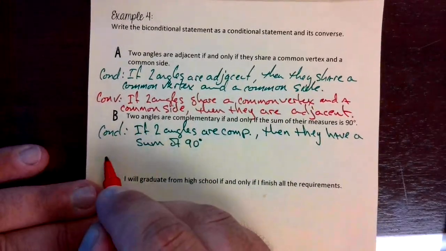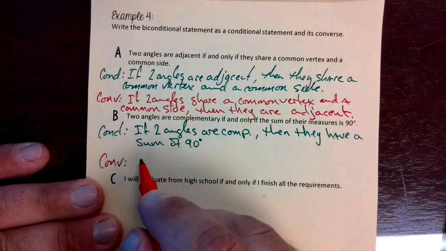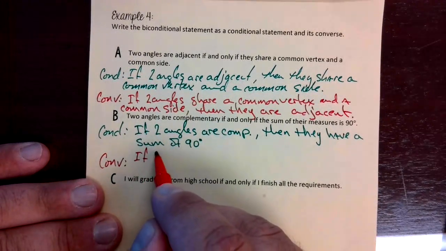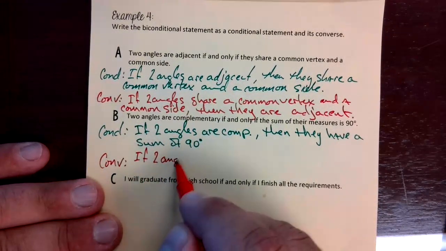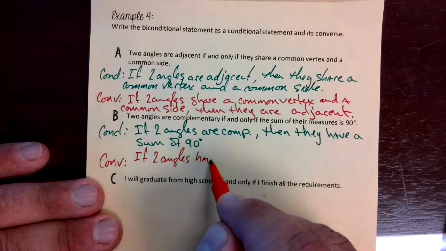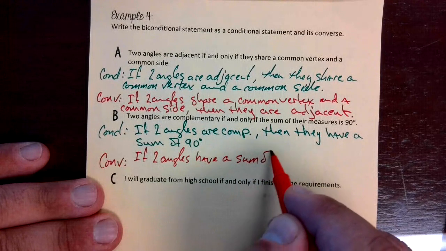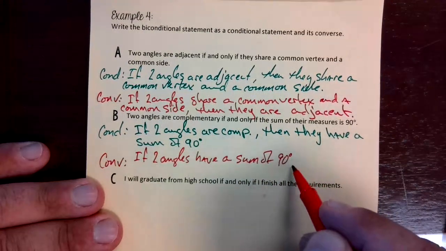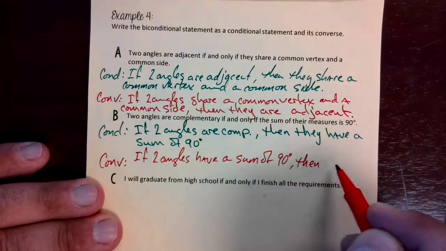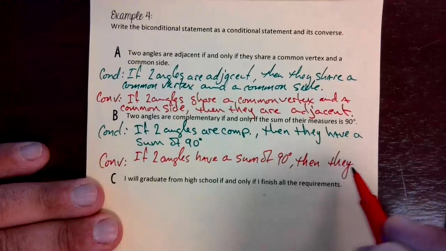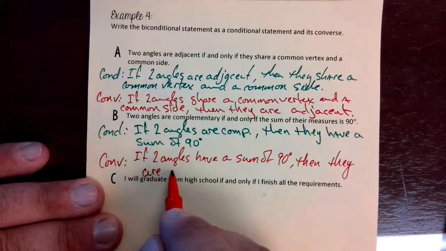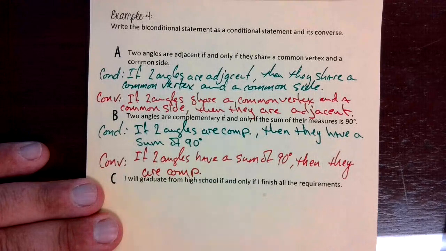The converse, if two angles have a sum of 90, then they are complementary.